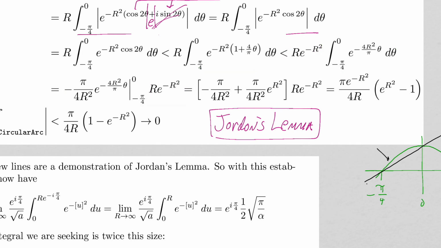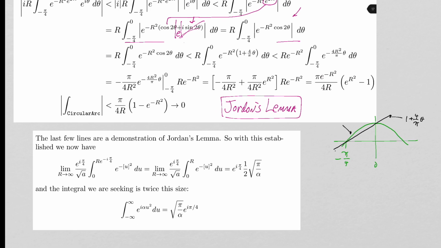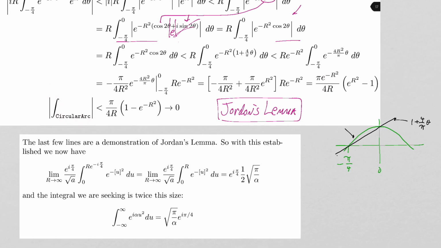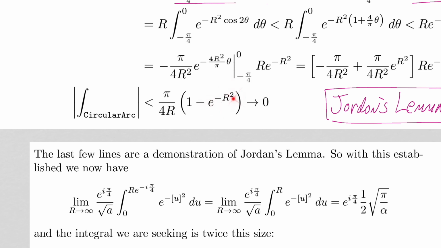And then the next steps are just sort of rounding it out, right? I mean, this is just blowing up the limits of integration, and then I think, what do I do next? I simplify it a little bit, and what's pretty clear is that the magnitude of the circular arc is less than our final result. But as r goes to infinity, this term screams to 0, and this term marches straight to 0.